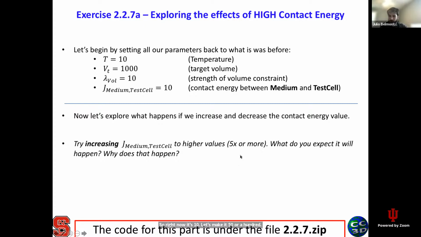And tell me what you expect to happen to your cell if you increase the contact energy that it has with the medium. Should you expect a change in cell shape, a drastic change, or just a slight change? What do you expect to happen if you just increase the energy? So again, write in the chat what you expect to happen. If it's nothing, just say nothing. If it's something else, say what something else you expect. And then run simulation and tell me what you see.